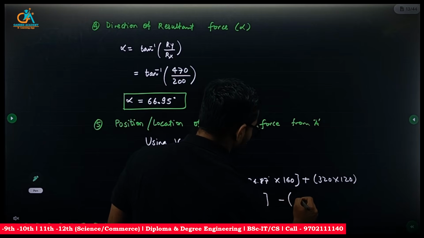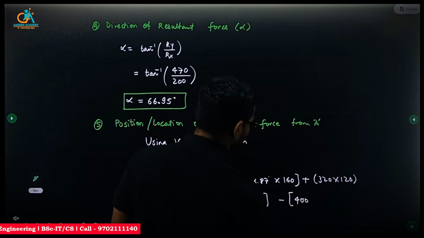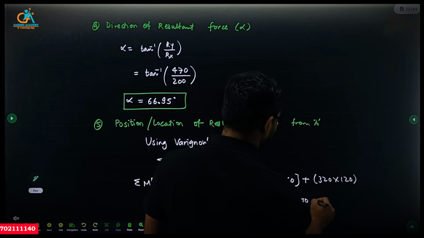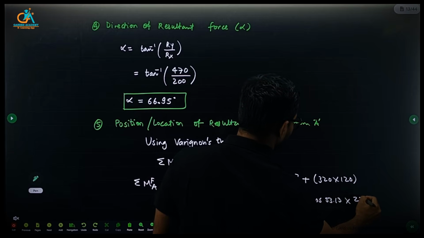So clockwise, therefore minus 400 cos 53.13 into 280.